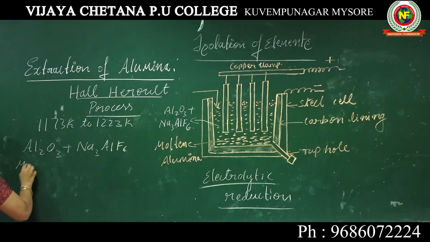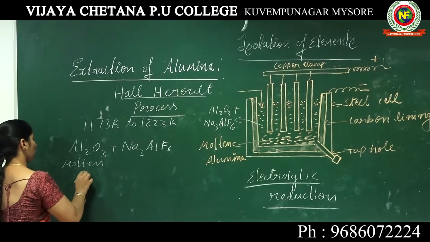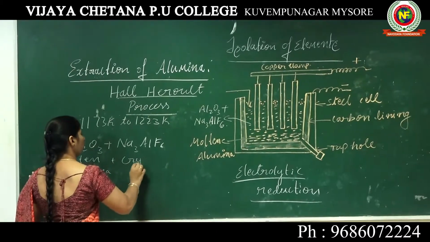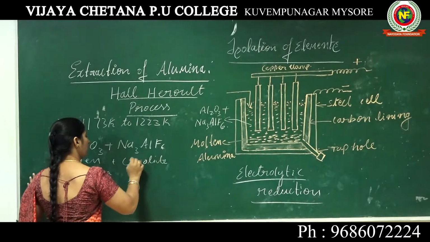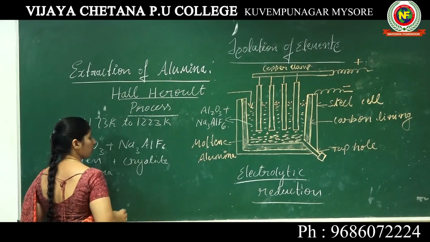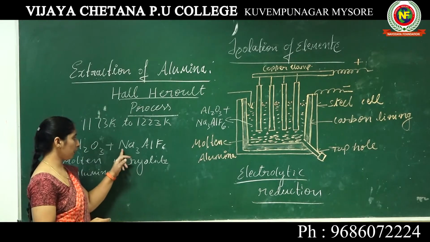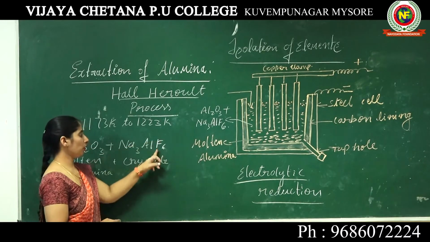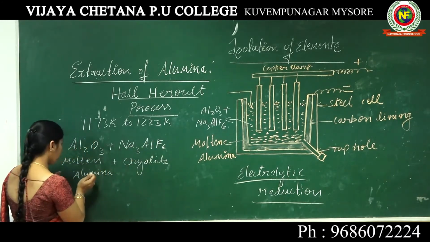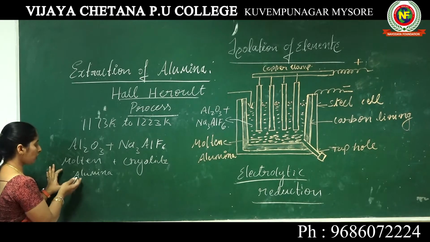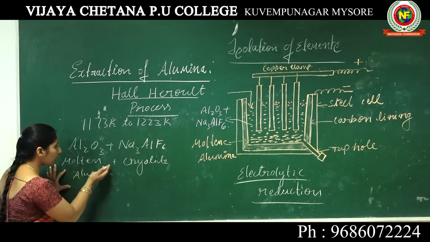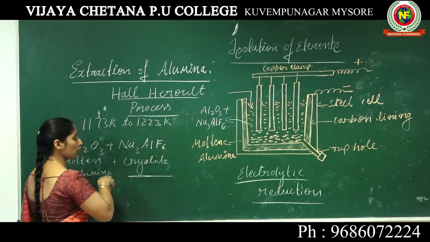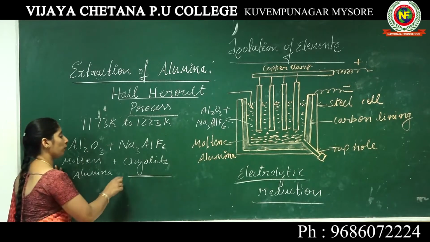This mixture combines with cryolite, Na3AlF6. We also add fluorspar. So the molten alumina is mixed with cryolite. What is the purpose of adding this cryolite? What is the use of this cryolite?